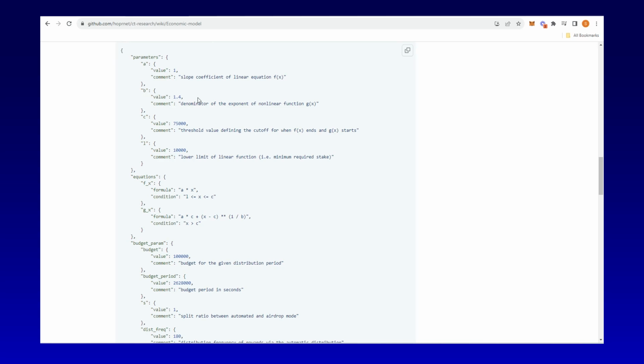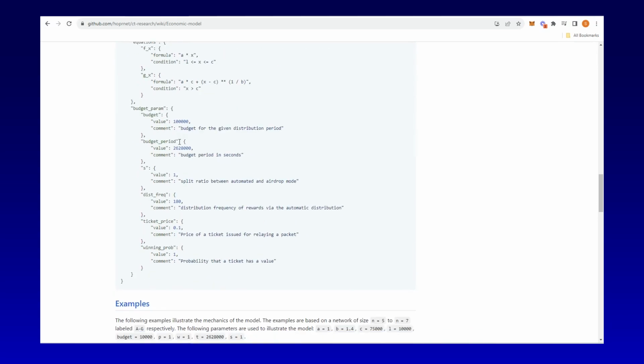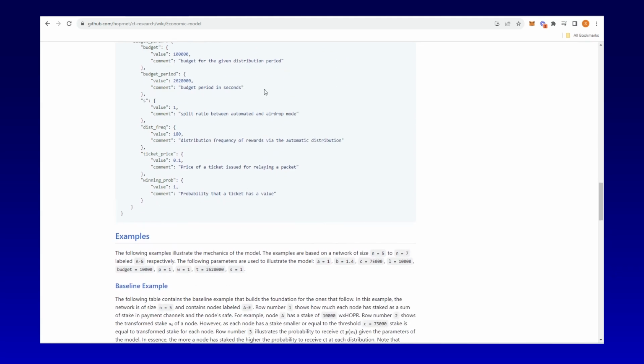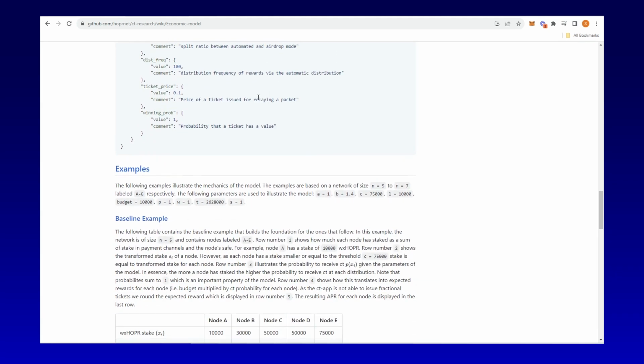So the amount you stake above 75,000 is discounted very heavily. It's treated as way less than it actually is. The upper threshold C here is 75,000. The lower threshold is 10,000. The budget is 100,000, and the time period for the budget is 1 month. These are the main parameters. So let's look at some examples.